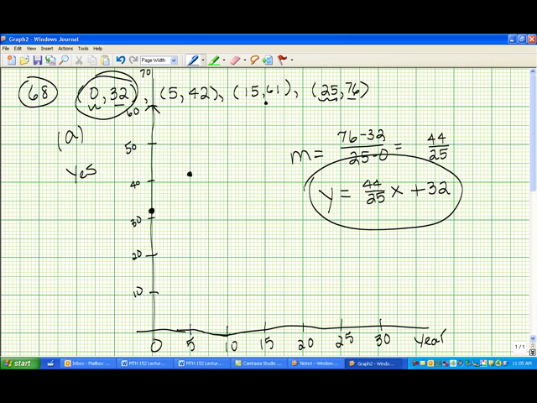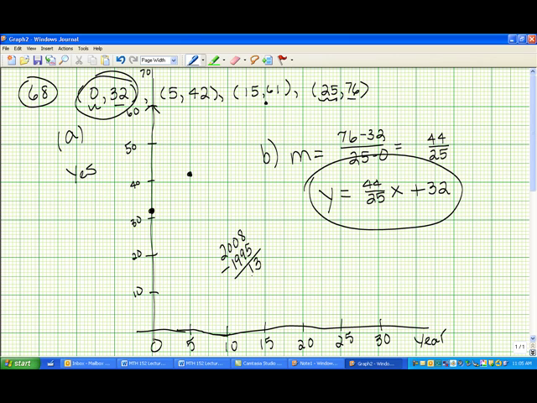And it says use the equation from part B to estimate the amount of nuclear waste in 2008. Okay, 2008, minus 1995 would leave us with 13.